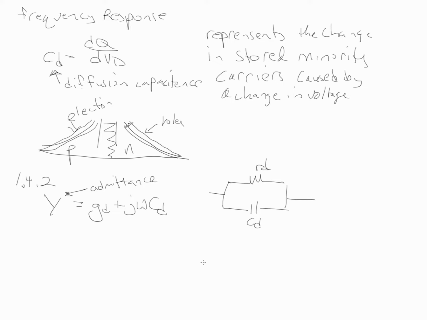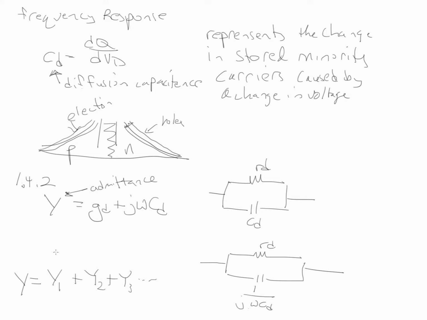If you put this into the frequency domain, the resistor doesn't change, so we just leave it R sub D, and the capacitor you would call 1 over j omega C sub D. If you wanted to add up all the admittances for a parallel circuit, the admittance is y1 plus y2 plus y3, whatever's in parallel.